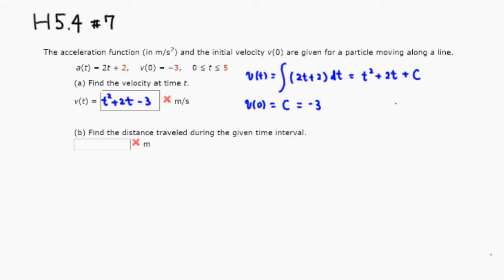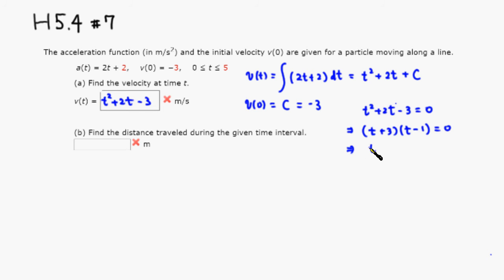So for part B, we have to look at the velocity function. I'm going to find the t-intercepts. So set t squared plus 2t minus 3 equal to 0. If you factor it, you can see it's t plus 3 times t minus 1 equal to 0.